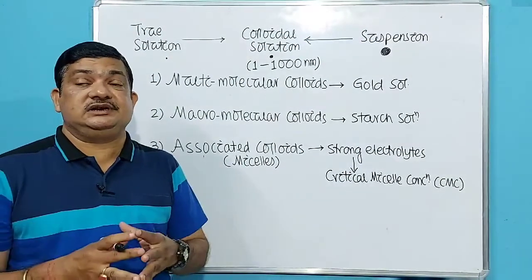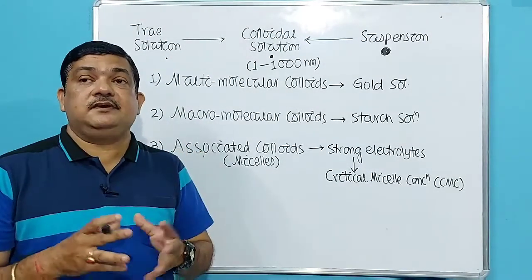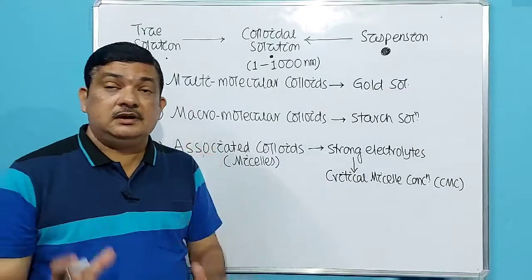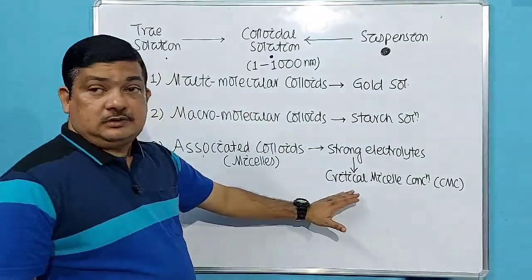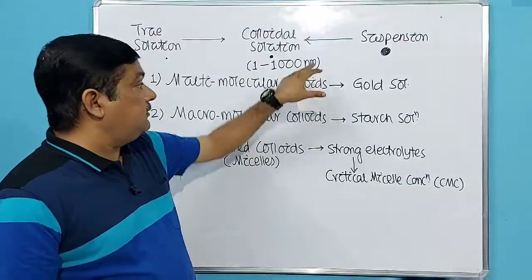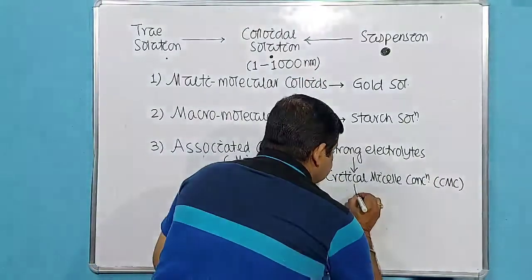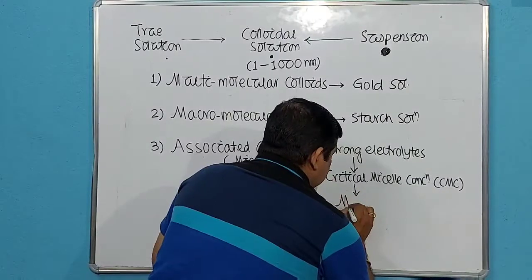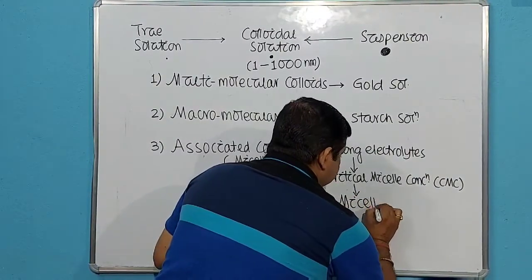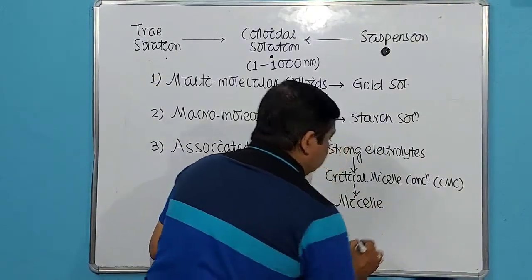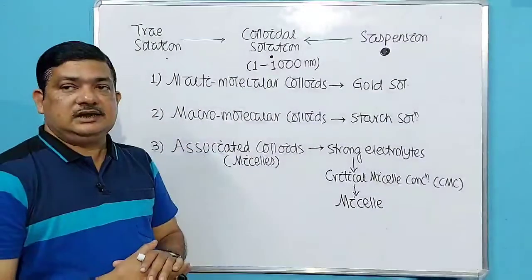Now these electrolytes get associated. They get associated to form a bunch of electrolytes. And these electrolytes now fall in the range of colloidal solution. And this bunch of electrolytes is called a micelle.